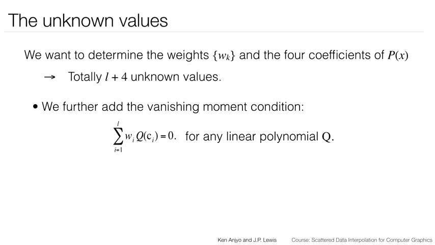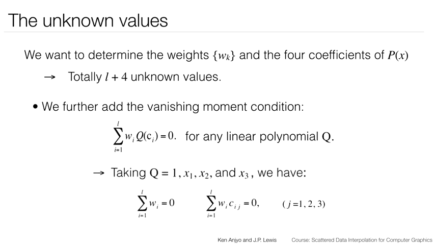Anyway, we take the 4 bases of the linear polynomial space: constant, x, y, z, but here we write x sub 1, x sub 2, x sub 3. We put these in, and we have 4 equations. So in total we have L plus 4 equations to solve.